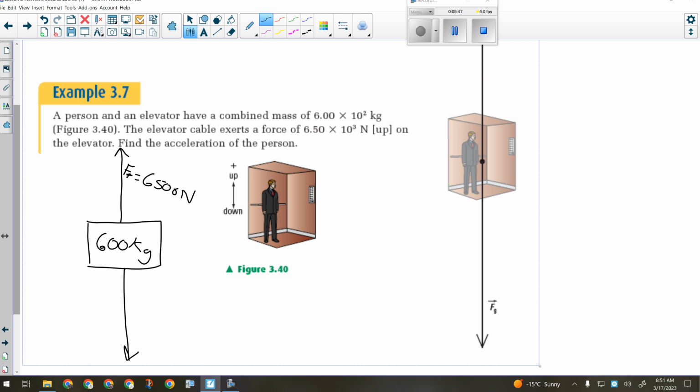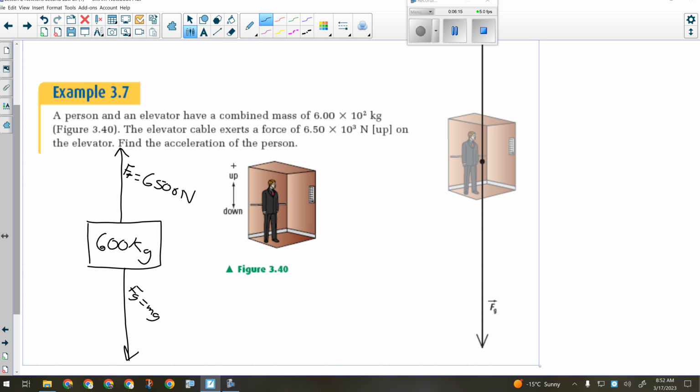I have the acceleration due to gravity, but I don't have the force of gravity yet. That's m times g. So I have the 600, the mass, and I know that g is 9.81 because I have to assume this elevator is on Earth. Wouldn't you already have the force of gravity, considering it's going up and down and gravity was just pulling straight down? Why would you have to calculate it?